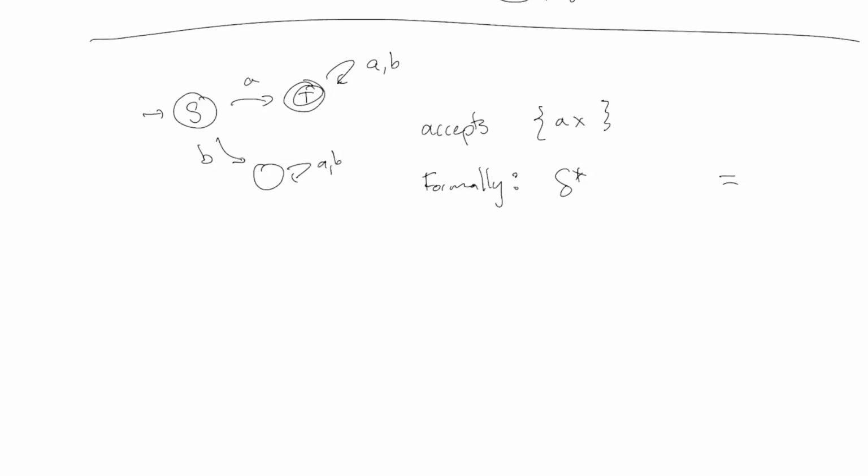I want to say AX is accepted. Yeah? Delta star S comma AX, equals T. Yeah, that's the accepting state. Great. This is what I want to show.